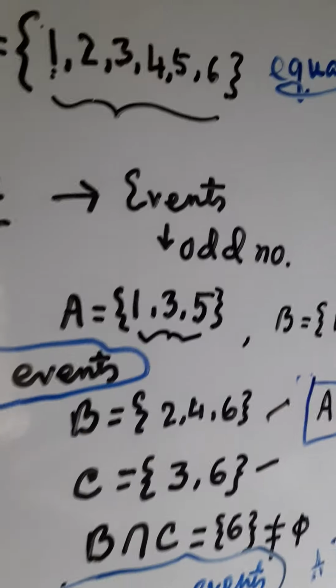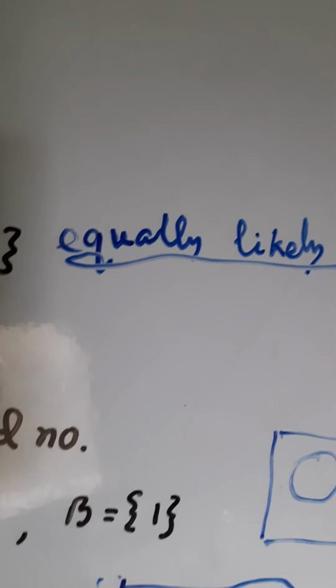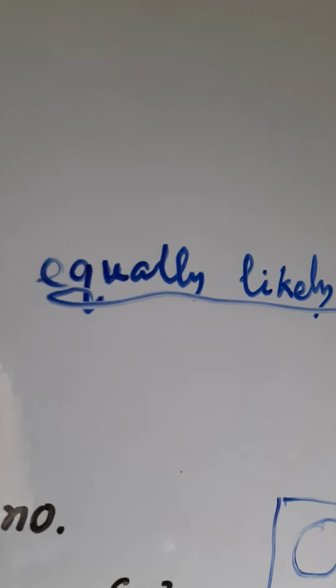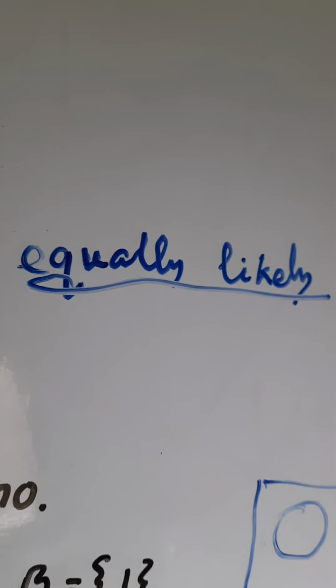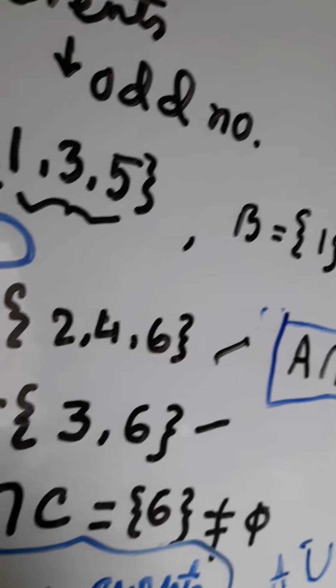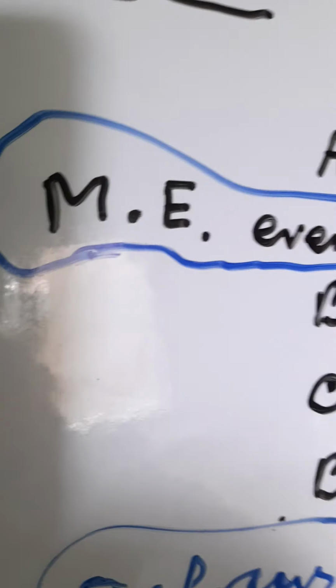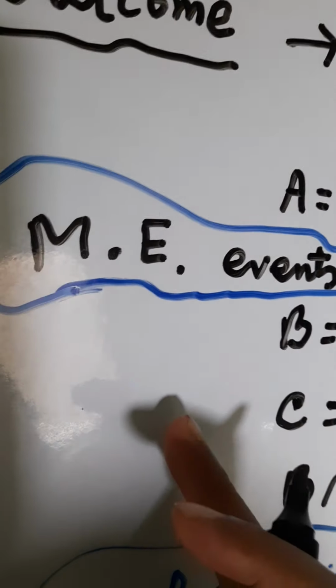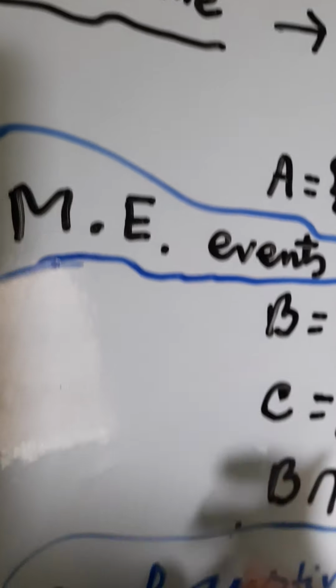So telling again for your convenience, equally likely means that the outcomes have equal chances. Mutually exclusive events means two or three events cannot occur simultaneously.